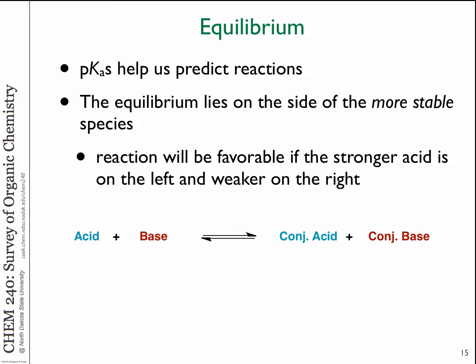So, for example, given the example I just showed you, if I take acetate anion and ethanol, which of these would you expect to react as an acid and which as a base?